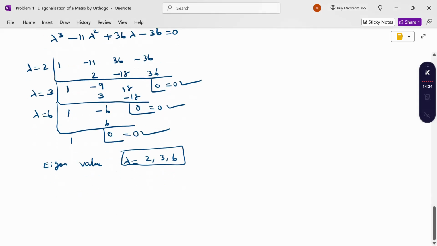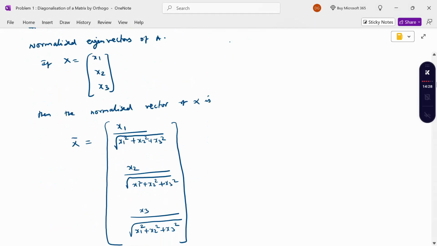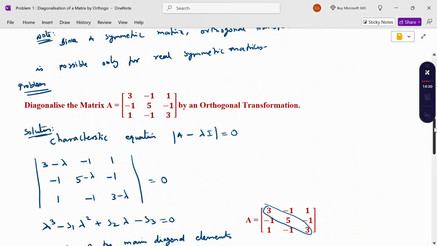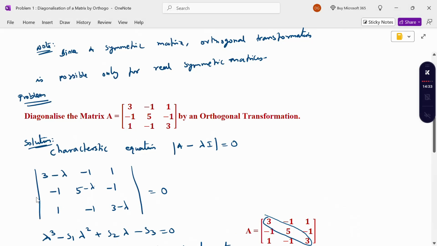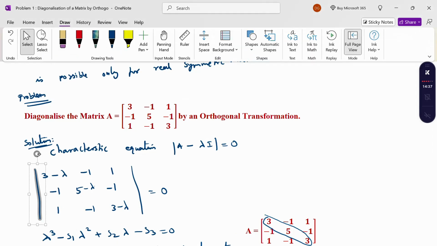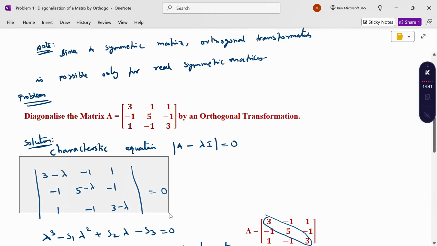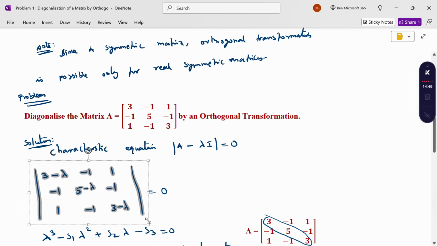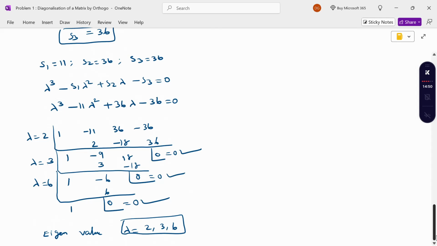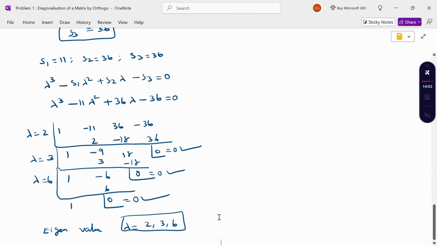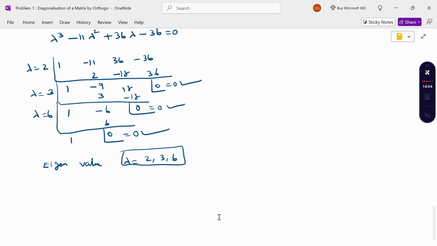And then we just find out the eigenvector. So what is the eigenvector? The form is nothing but A minus lambda I times the eigenvector.